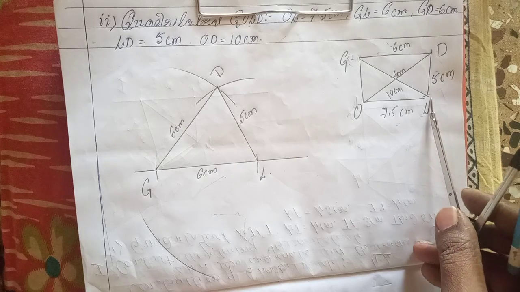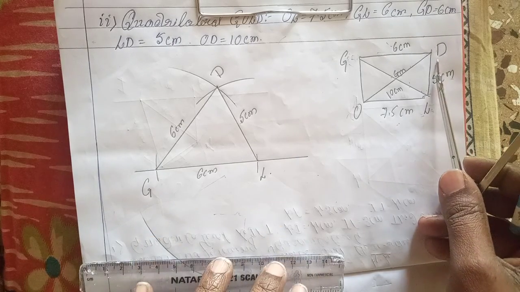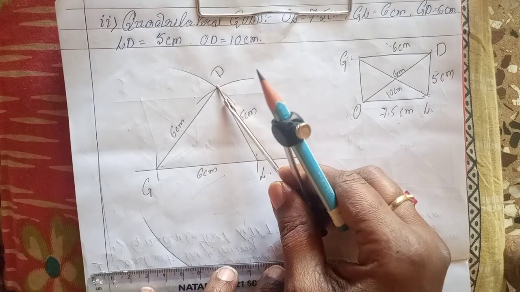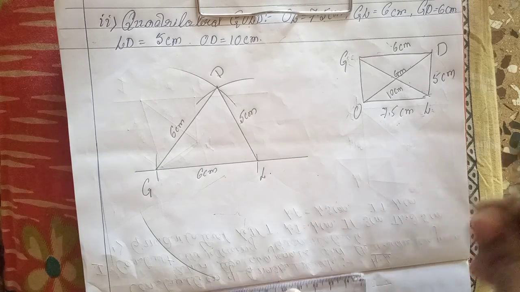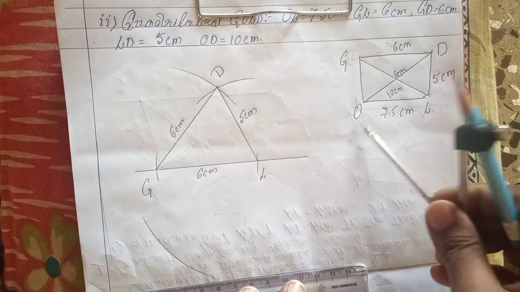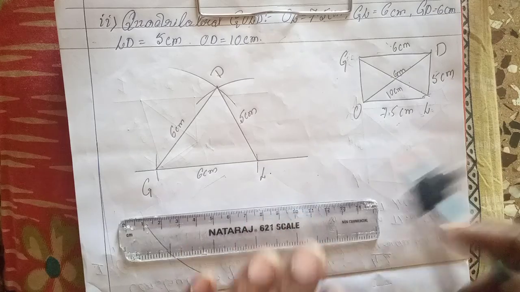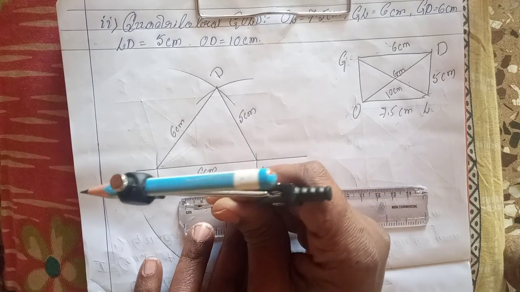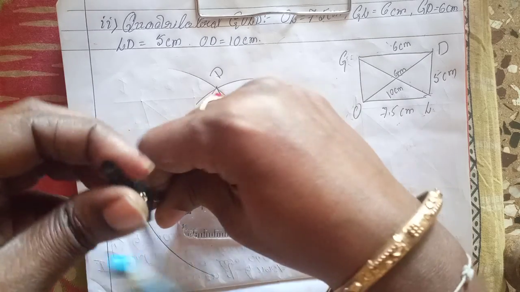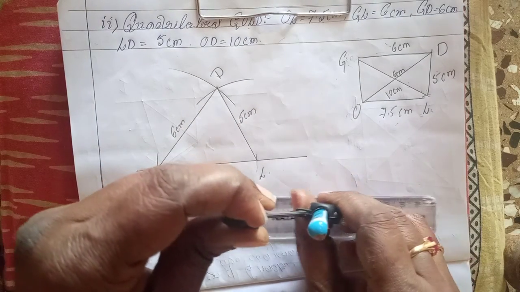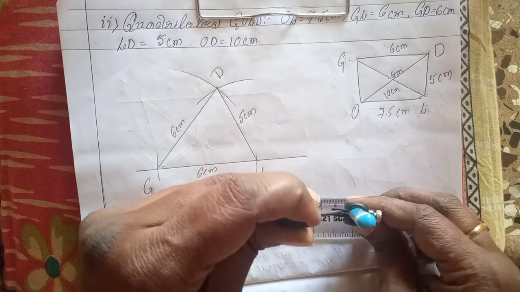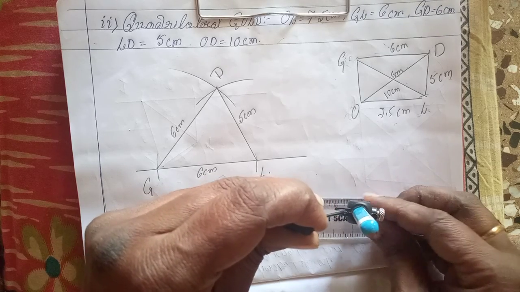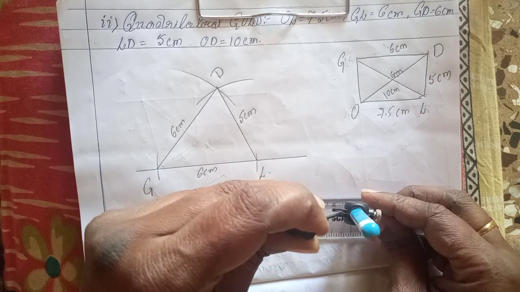Now what is the measurement we know? OD is equal to 10 centimeter. That is the diagonal OD. We should take the measurement exactly on the 10 point.